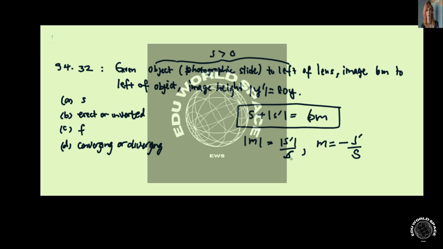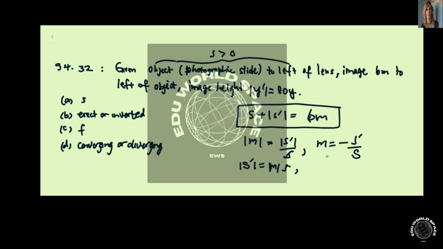Here I can solve for S prime in terms of S. So then I have S prime is equal to M times S.